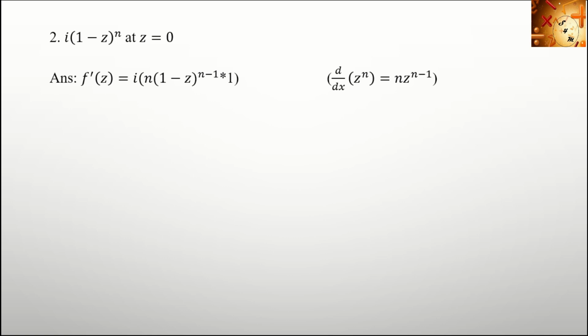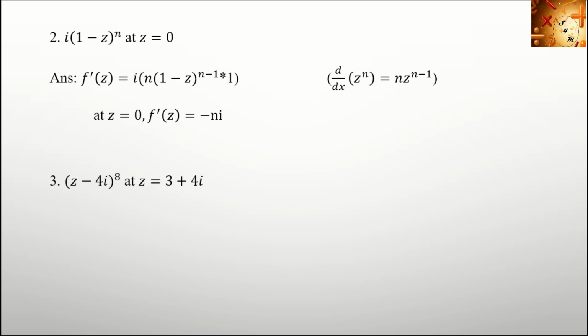Here we are differentiating with respect to z. So the coefficient of z is minus 1. So 1 minus z whole raised to n minus 1 into minus 1. At the point z equal to 0, we get the answer as minus ni.